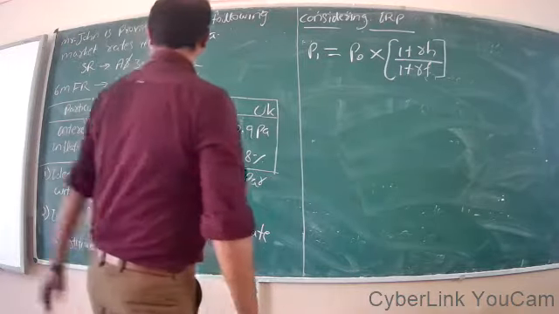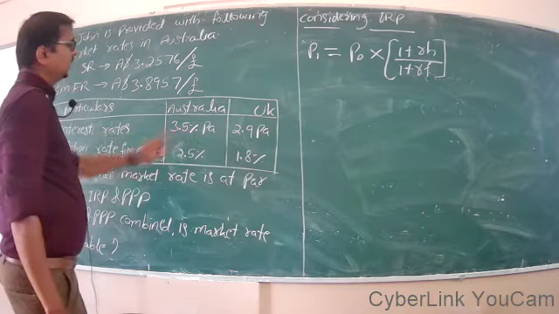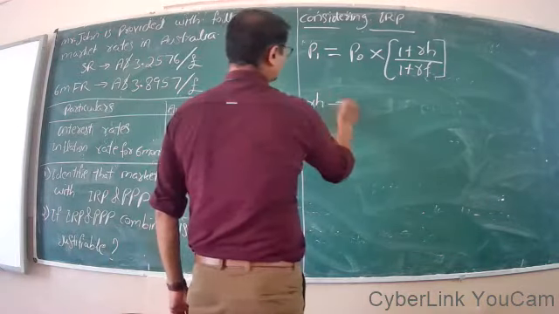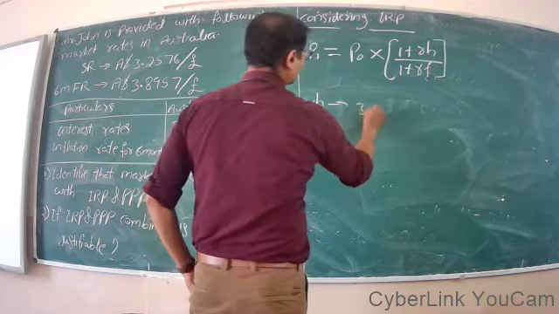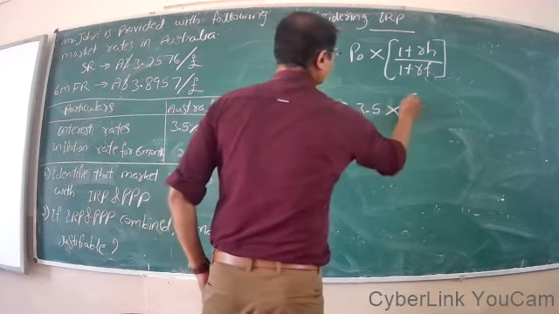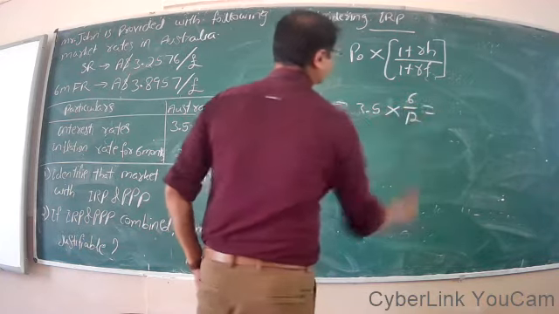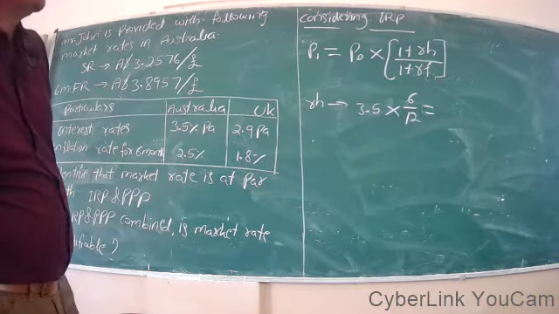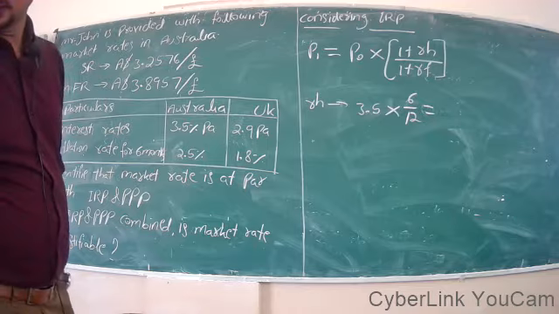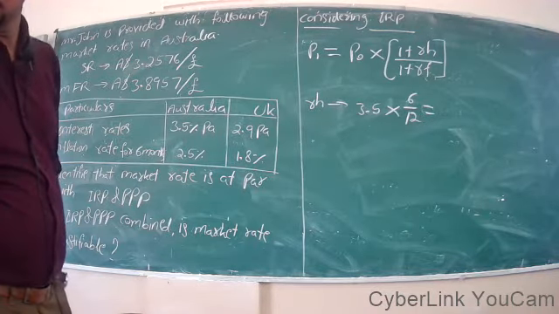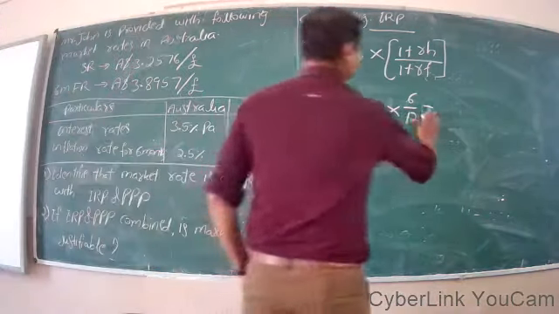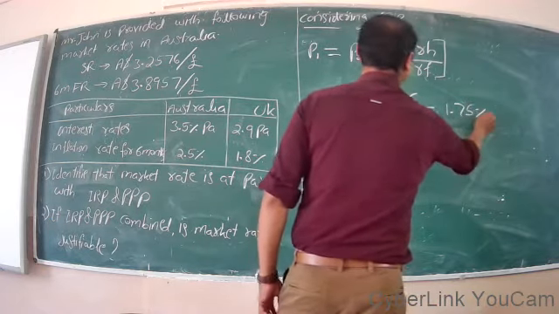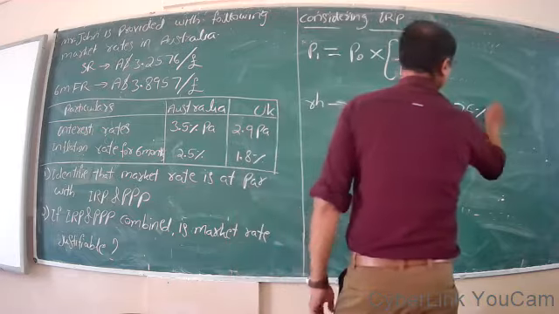So RH, rate of interest, is given per annum. 3.5 is the interest rate per annum, so 1.75 you have to take, 1.75% for 6 months.